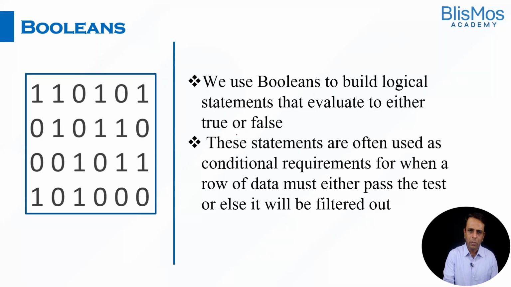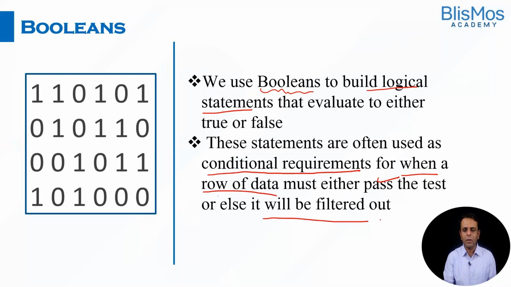By using Booleans, we build logical statements, which evaluate to true or false. These statements are often used as conditional requirements: a row of data must either pass the test, or if it does not pass the test, it will be filtered out.